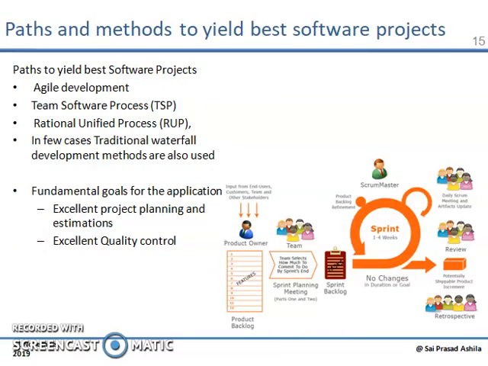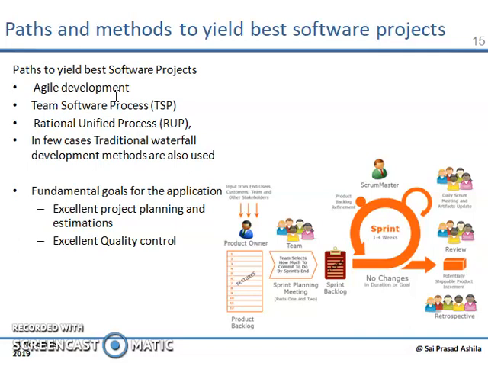The paths and methods to yield the best software project are agile development and team software processing. Agile development is used for medium size projects, and small size projects have their own approach, and team software processing is used for large size projects.